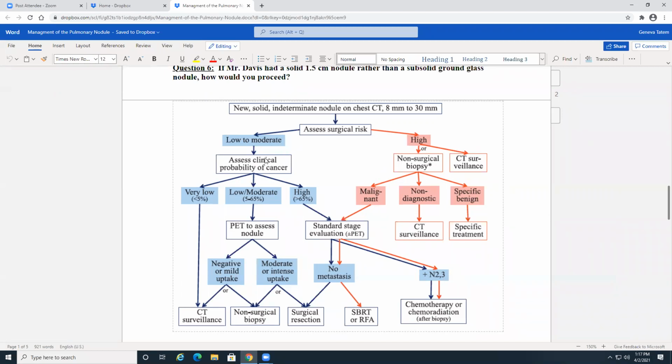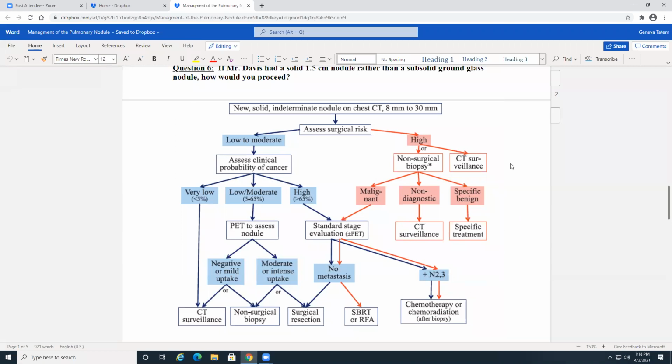So if he's low risk, your probability of cancer is high. So you're going to go straight to bronch, staging and diagnostic bronchoscopy, PET, and then go to surgery. You'll go down here to surgical resection. That's the pathway that you would follow.